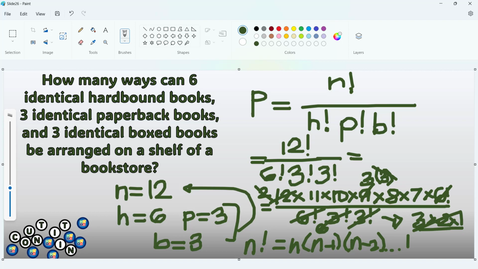The result of that would be the total number of arrangements for us to arrange these books on a shelf in a bookstore. That's 18,480 ways. This is what happens because we have identical objects, and we do that using this formula for permutations of n objects with identical items. This is the answer for this item, and that's Count It In.